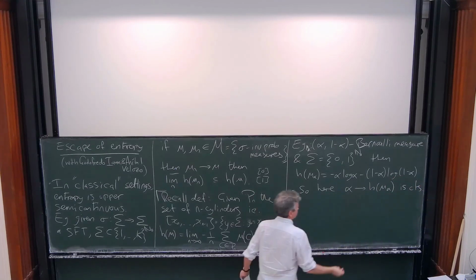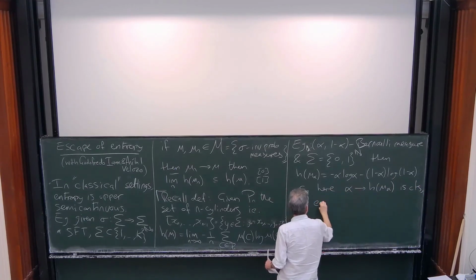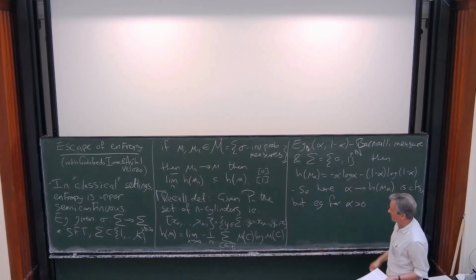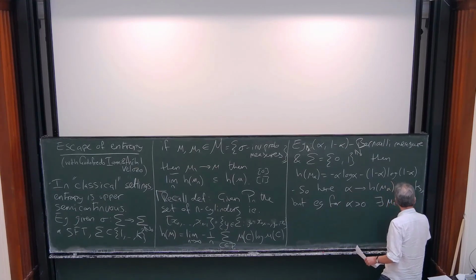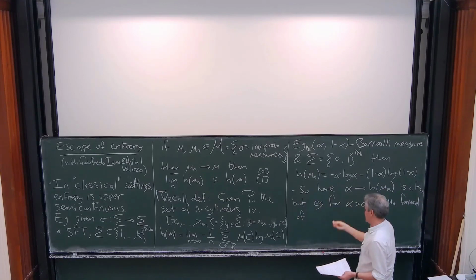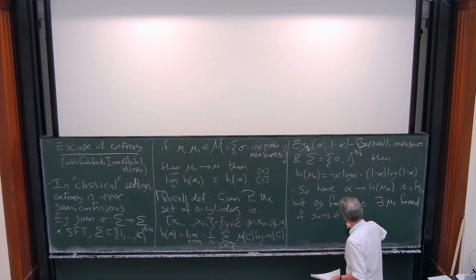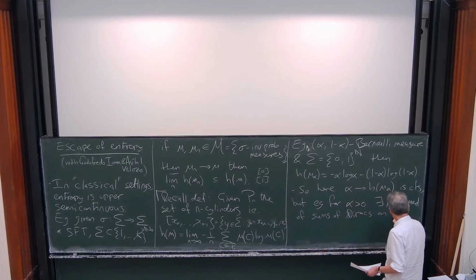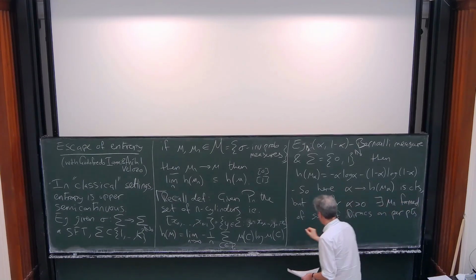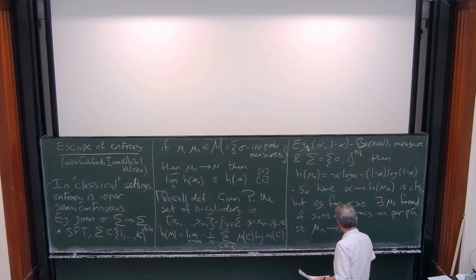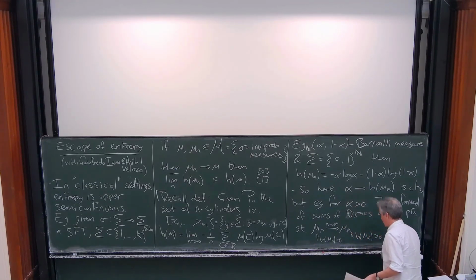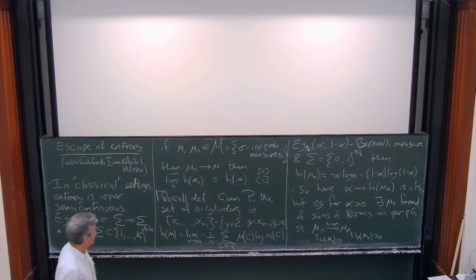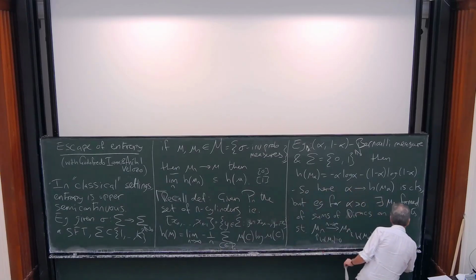But of course, for a given alpha greater than 0, for example alpha equal to half would be a natural one, there exist mu n formed of sums of Dirac measures on periodic points, such that mu n tends to mu alpha as n goes to infinity, but mu n has entropy 0 for all n, and mu alpha has positive entropy. The point being that entropy can jump up in the limit, but can't jump down.